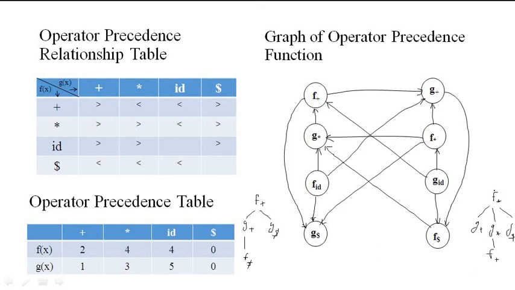So this is at level 0, 1, 2, 3 and 4. So f star is 4. So thus you can find all the precedence table values. So this is your operator precedence table.